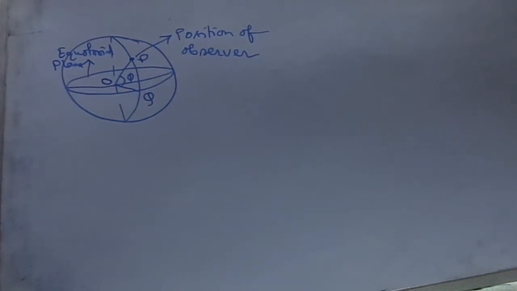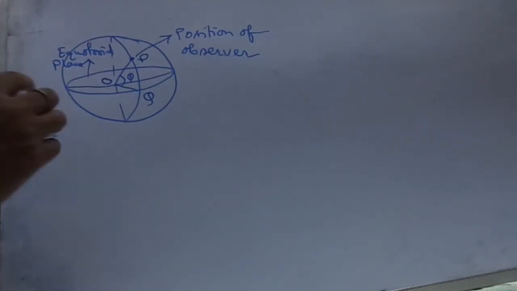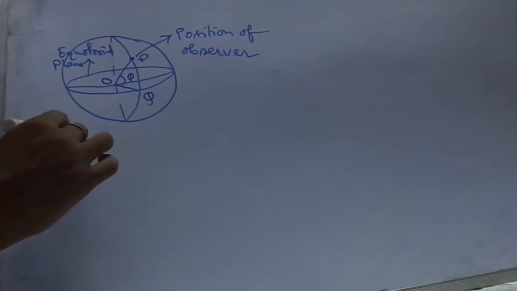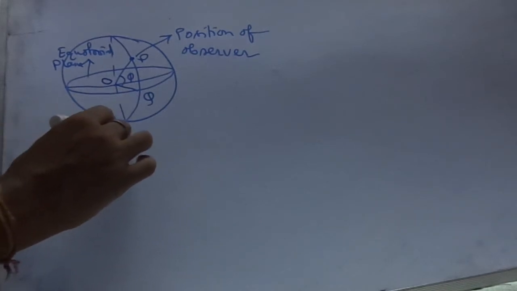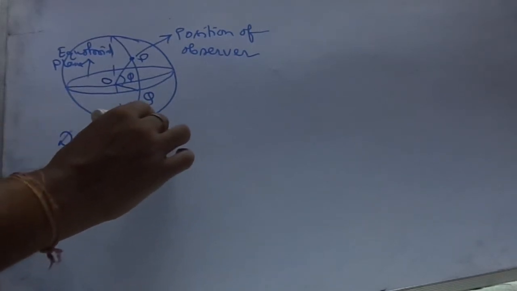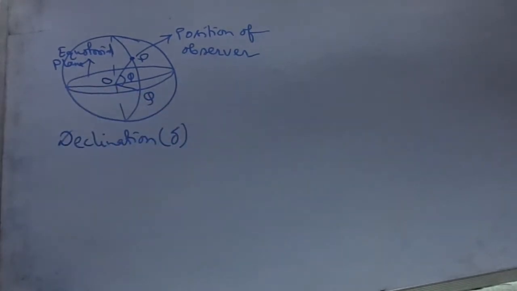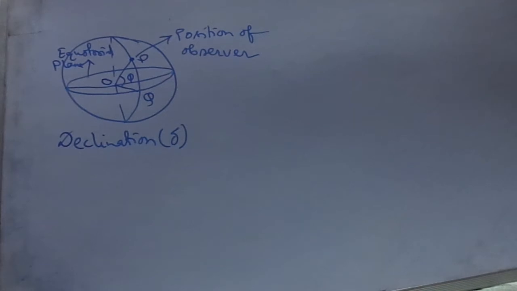Another one is the declination, delta. What is the definition of declination? Represented by delta, declination is the angular displacement of the sun from the plane of the earth equator.